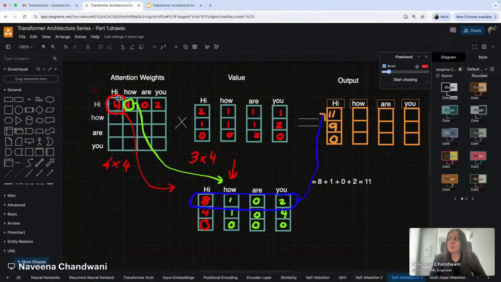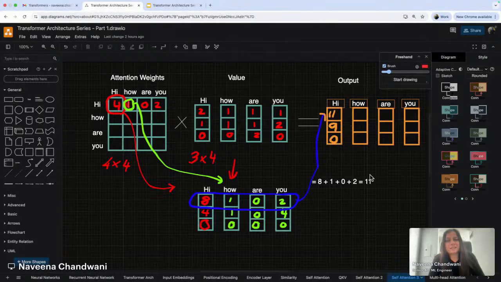High is most similar to itself, so you have a higher weight while multiplying, and as you see, that finally reflects also in this 8 contributing the most in the attention scores for high. This is very deep. Maybe this could be revisited later to get a better understanding. But this is how, finally, for each word, we now have vectors with attention also encoded.